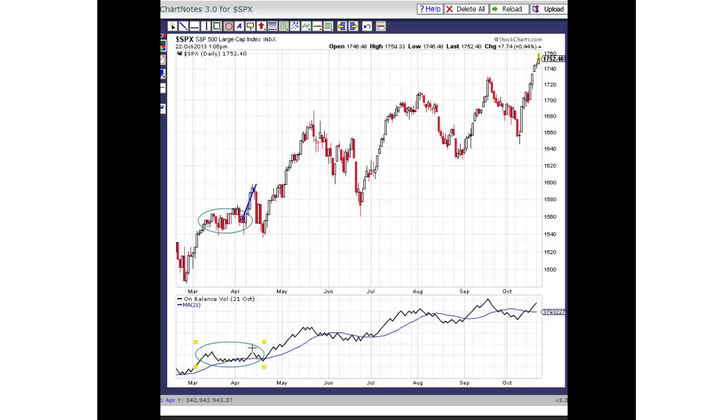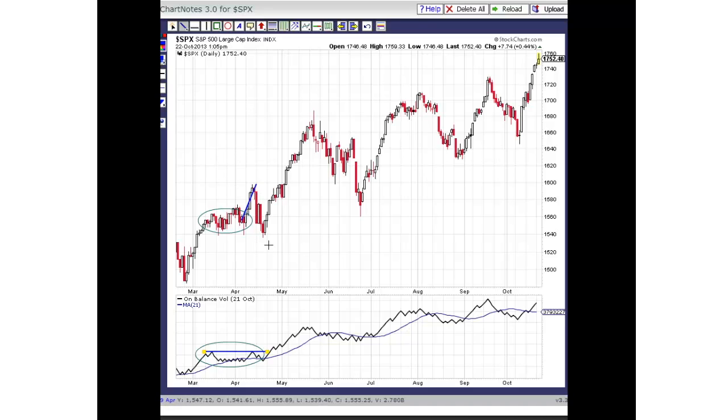But as price is breaking out to a new high, on-balance volume is not breaking out to a new high. It looks like it's pretty much the same high as before. So that's really a horizontal rise in on-balance volume. It's not rising to a new high. I'm not going to buy that breakout. Turns out I was right. On-balance volume, I should say, was right.